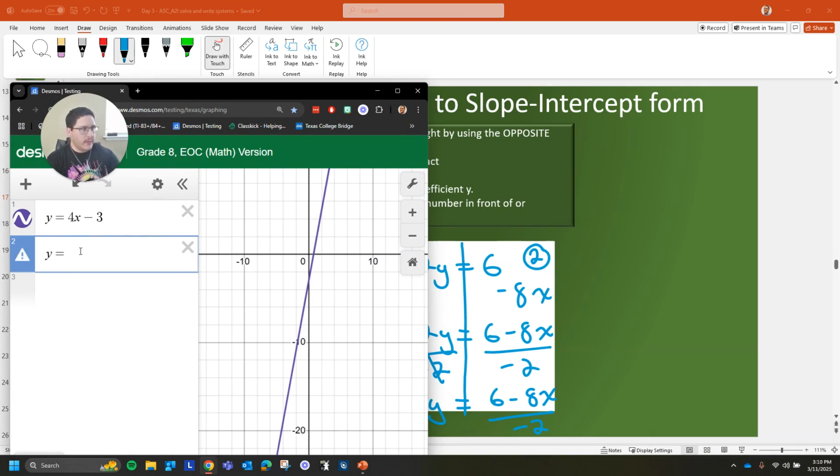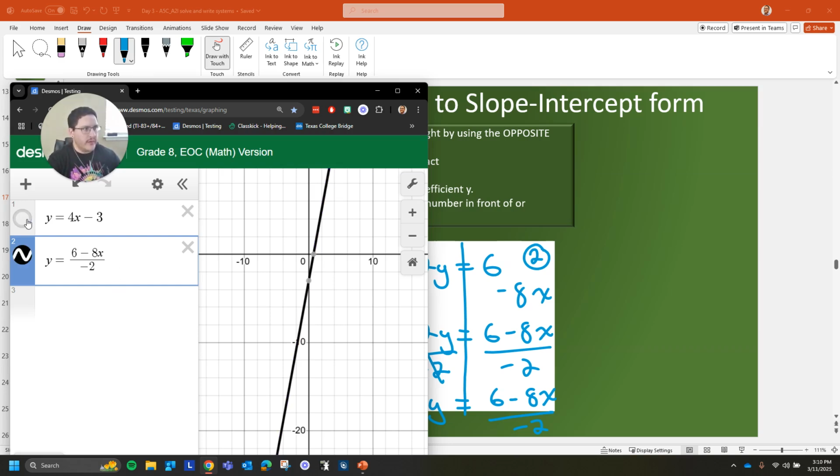Y equals 6 minus 8x divided by, I'm going to highlight the entire thing, and then I'm going to hit the division button, the slash, so that I can get the bar under everything, and then divide by -2.